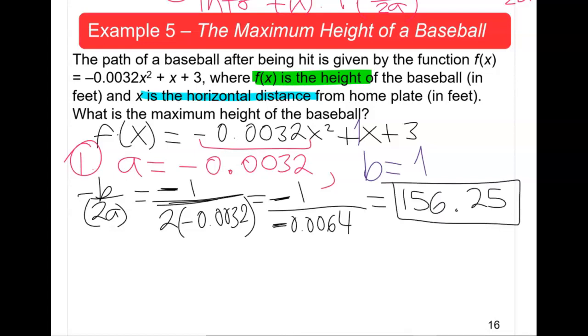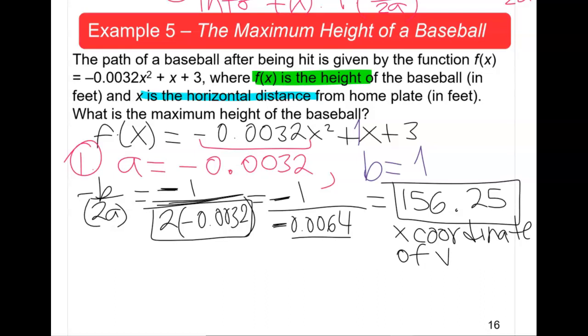Remember, first I had to multiply 2 times that. I got that number, then I divided, and because there are two negatives, I get a positive. I put that in the calculator: 1 divided by 0.0064, I got 156.25. That is the x coordinate of the vertex.